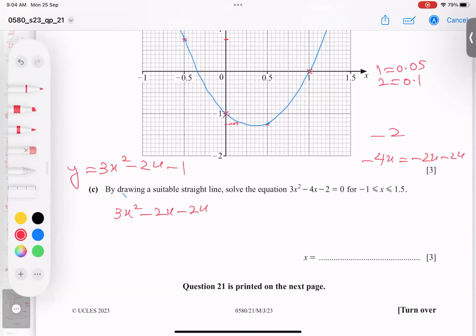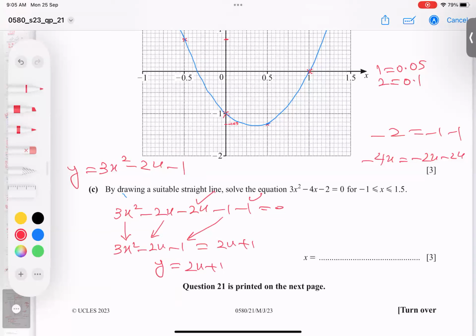I'll break -2 like -1, -1. So I break it into 2 parts. Now I take this one, this one, and this one. And what is left? This is left and this is left. I'll bring it to the other side, I mean here. So this is actually equal to y. I write y equals 2x plus 1.